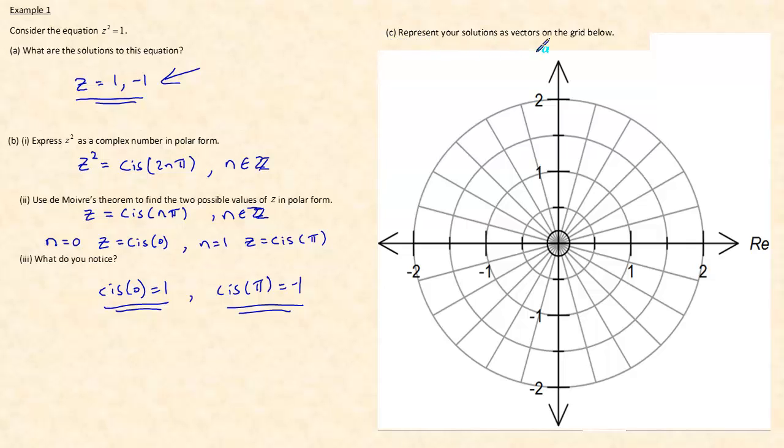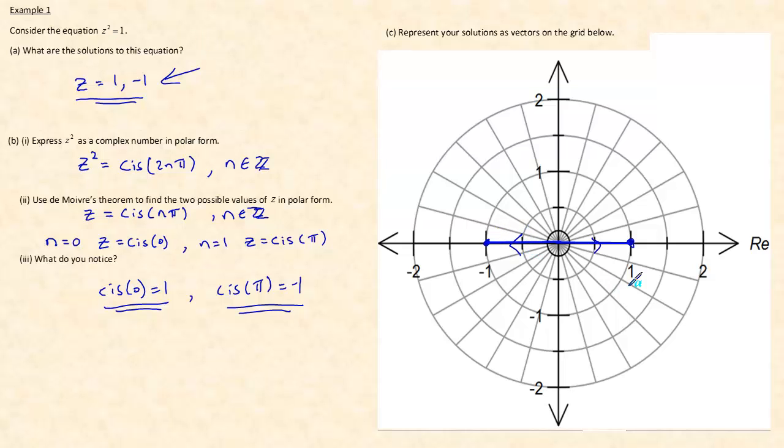Represent your solutions as vectors on the grid below. So one of our solutions is 1, and the other solution is negative 1. Like so.